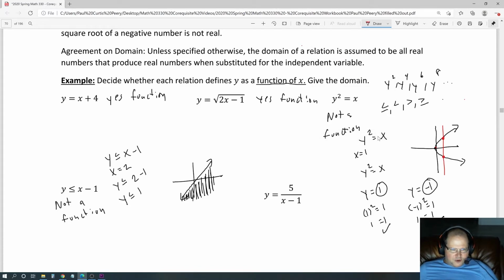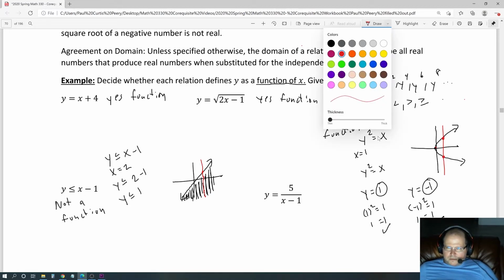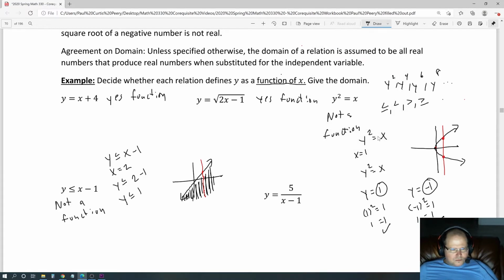If I try to pass a vertical line test through here, it wouldn't just hit the line, it would hit an infinite number of times all along here, because that's all solid. So it fails the vertical line test an infinite number of times. So there you go. You can see it either algebraically or graphically. It is not a function. It failed the vertical line test.